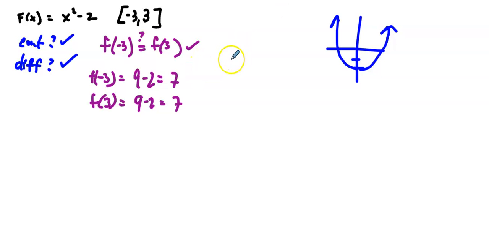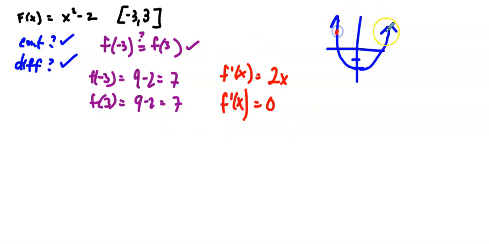Rolle's theorem is actually very simple. You find the derivative of the function, which in this case is 2x, and you set that derivative equal to 0. You set it equal to 0 because Rolle's theorem says that on the interval from -3 to 3, as we go around this curve, there's going to be at least one value c where the derivative is equal to 0.